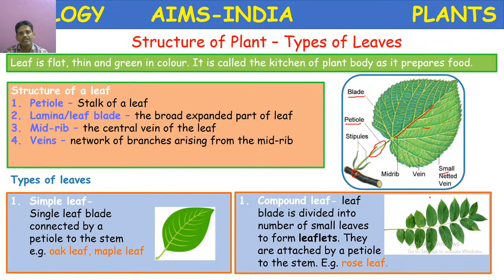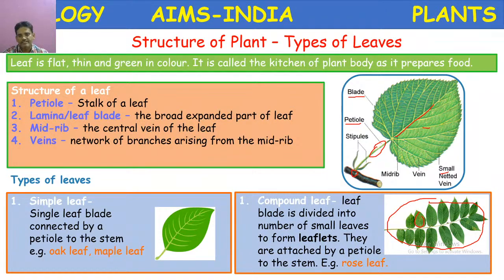So here, compound leaf. Compound leaf means several leaflets are present. Generally, the curry leaf plant you can take. Daily we use it. So here, each one is not called a leaf. This entire one is called a leaf. The leaf blade is divided into a number of small leaves, individually attached. They are called leaflets.